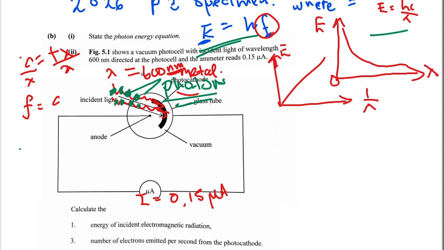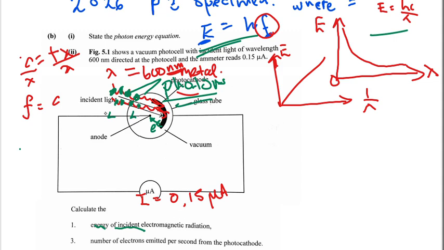Photons hit the metal surface, which has electrons, and the electrons are ejected from the metal surface, and then the electrons complete the circuit. So basically this is how this system operates.